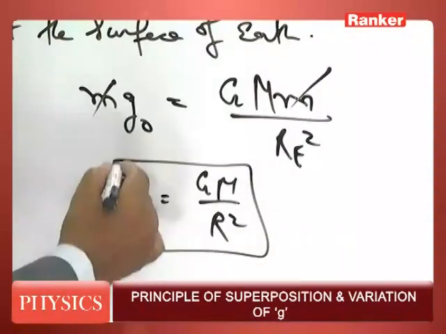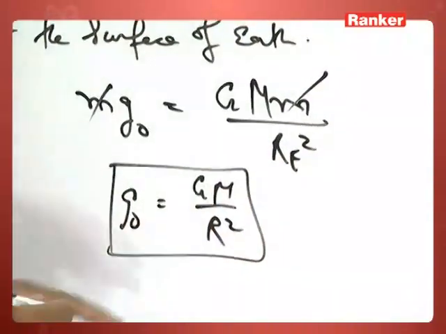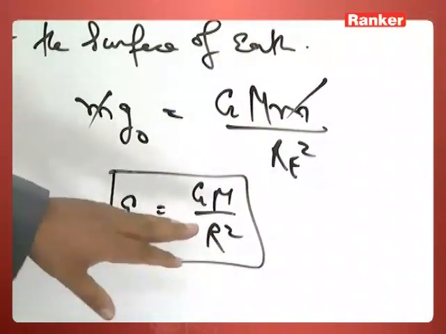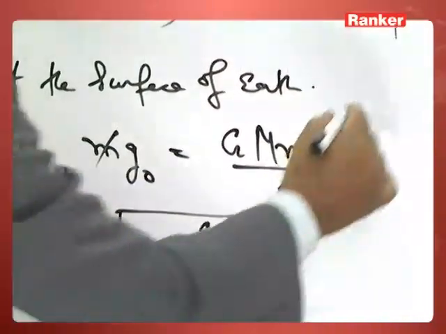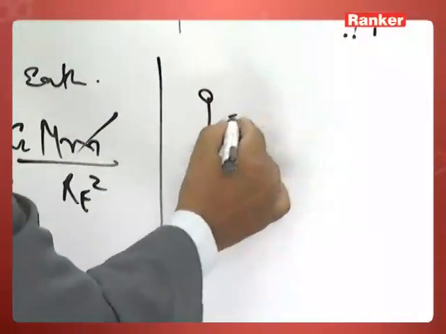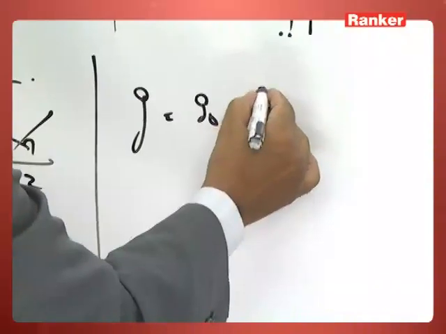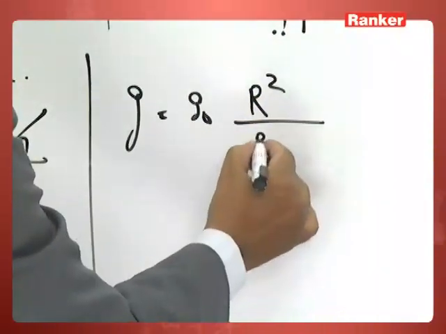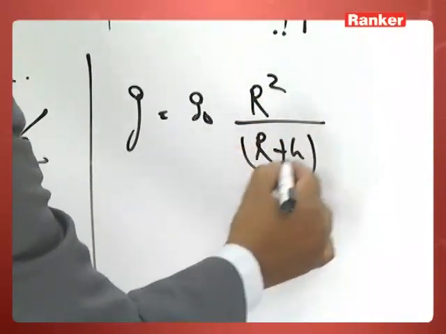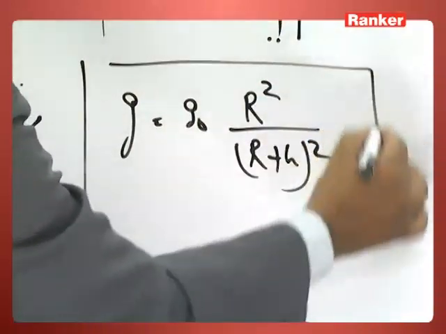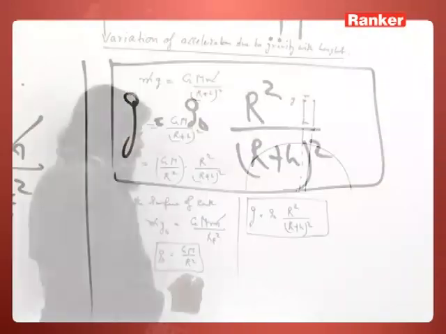Let us reserve the capital R for the radius of earth. So we replace this here. What we got: g is g naught R square by R plus h whole square. This is our general expression.